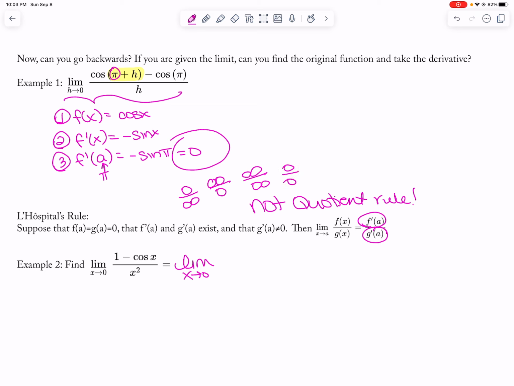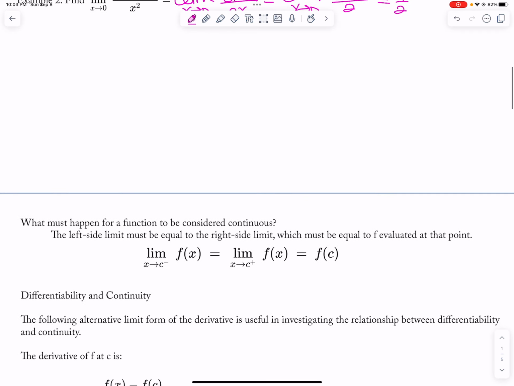Okay. So now I take the derivative of the top, which is a positive sine of x, divided by 2x. I still can't plug in 0, so I do it one more time. And I get cosine of x over 2, which gives me 1/2, because the cosine of 0 is 1. Okay? So that's L'Hopital's rule.